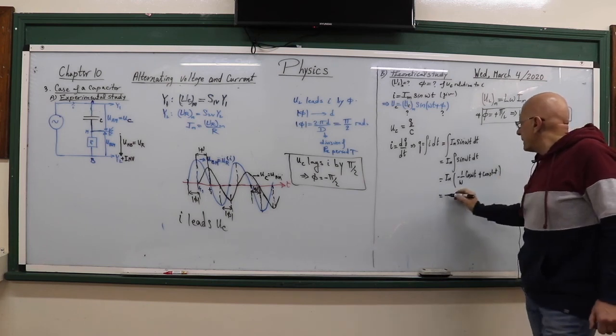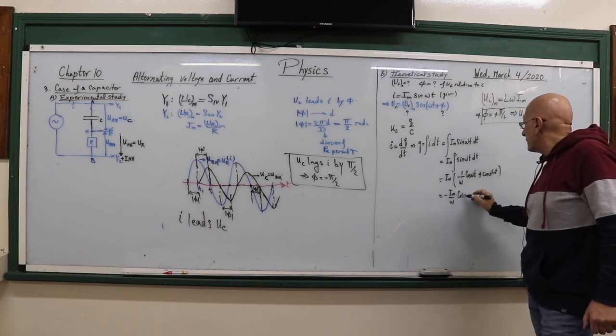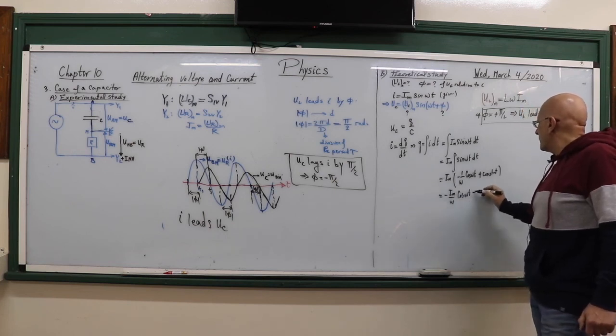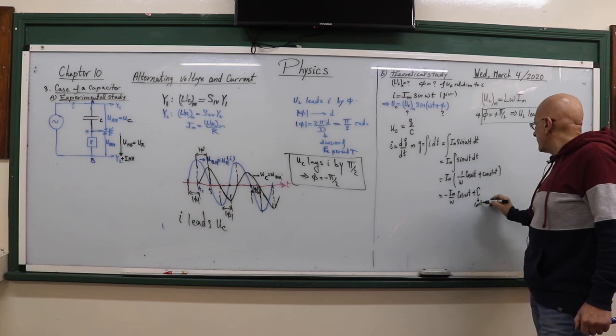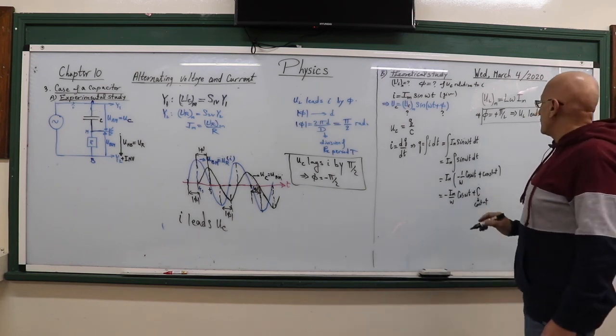So you get minus Im over omega cosine omega t plus a constant.